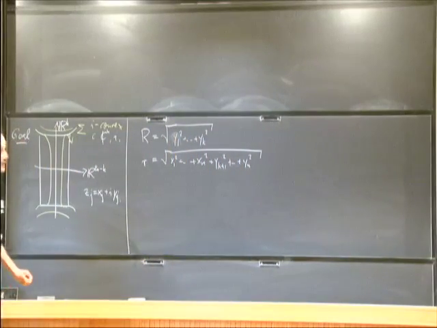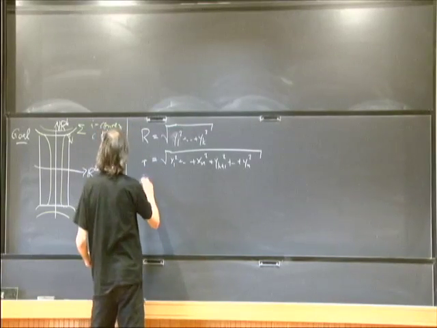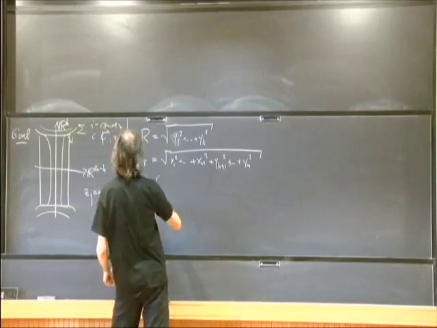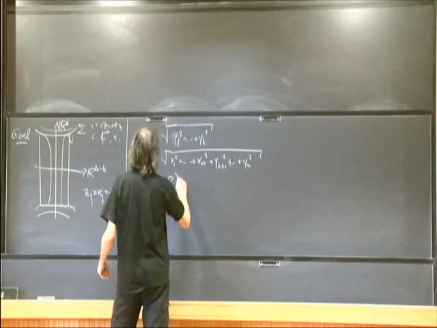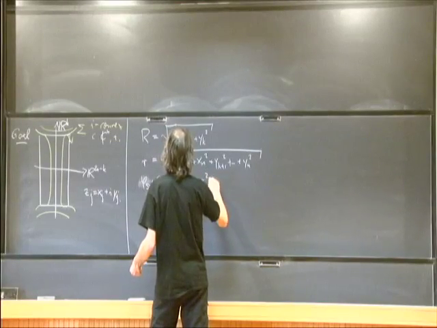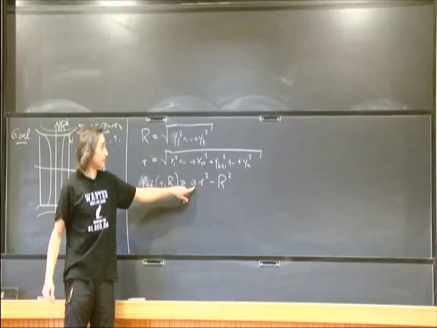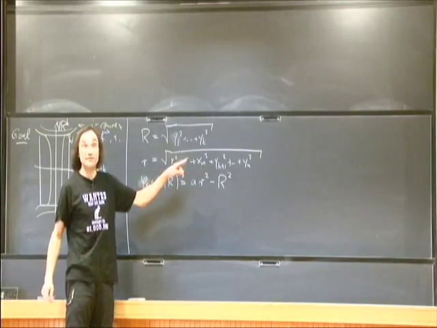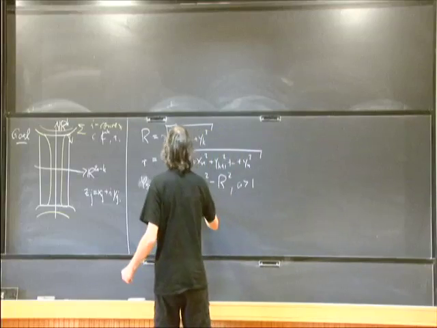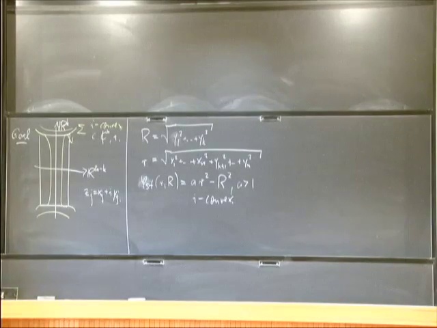And then if we look at the function phi standard, which will just depend on these two parameters, which is a little r squared minus capital R squared for some constant a, then it's easy to see that if a is bigger than 1, this function is going to be J-convex.